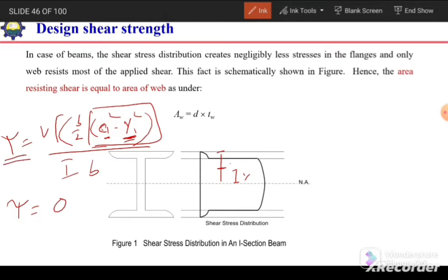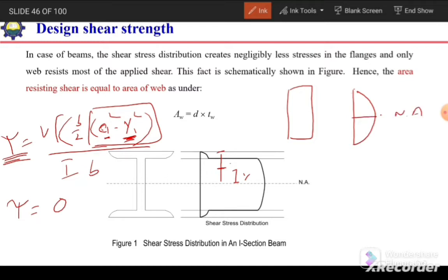As a result, we will have a scenario like this. In case of a rectangular section, the shear stress at the extreme fiber will be 0, and at the neutral axis, when y1 is equal to 0, we will have the maximum value of tau. Its distribution will be like this, with the maximum value at the neutral axis.